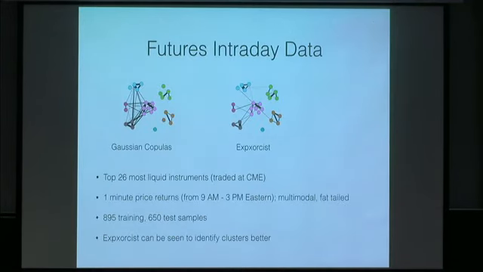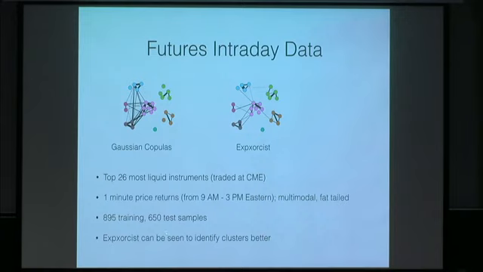And then we also looked at a whole bunch of real data. Here is one very simple real data example. We looked at some financial data for some highly liquid futures instruments. This is known to be not friendly to Gaussians. In particular these are multimodal, fat-tailed, heavy-tailed, and we also don't have a lot of training examples.